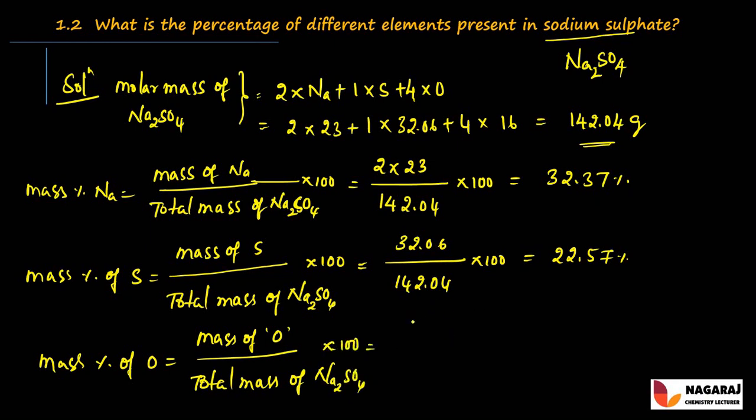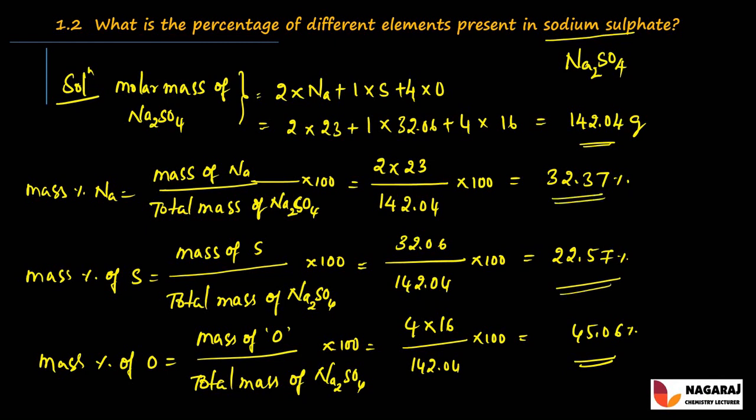The formula contains 4 oxygen atoms, so 4 into the atomic mass of oxygen, 16, divided by 142.04 into 100. That is equal to 45.06%.